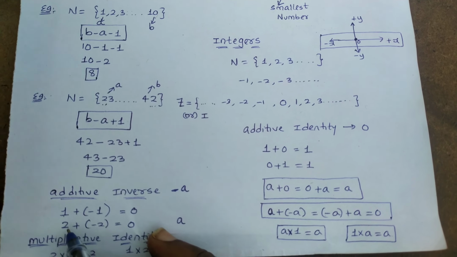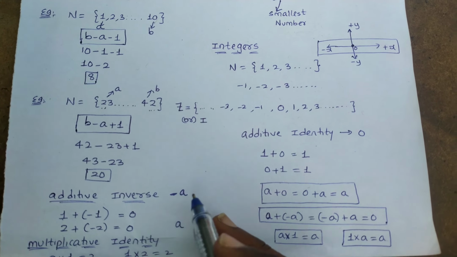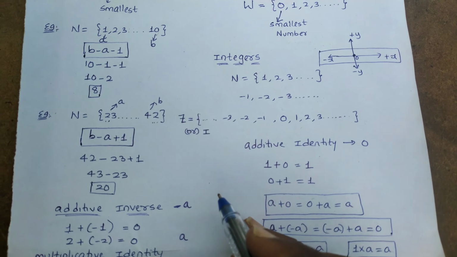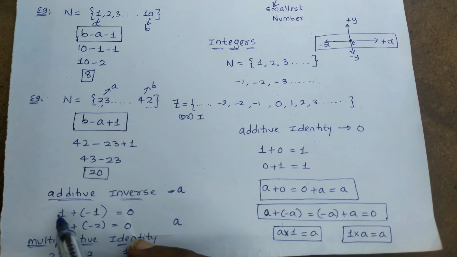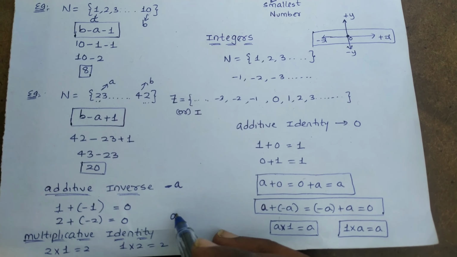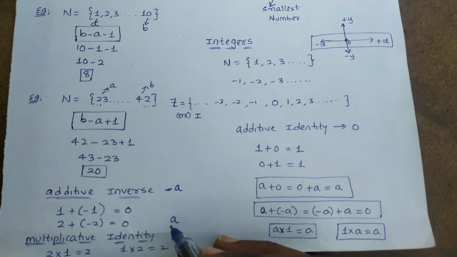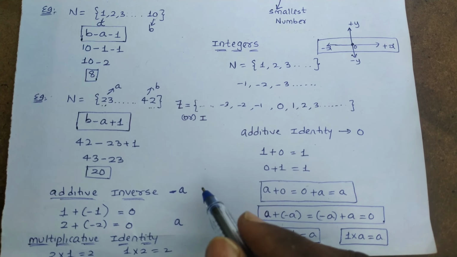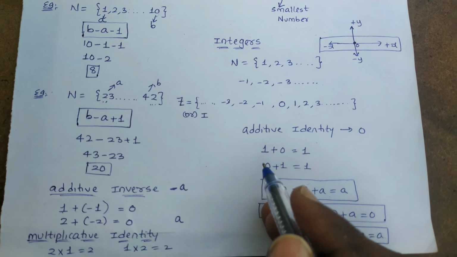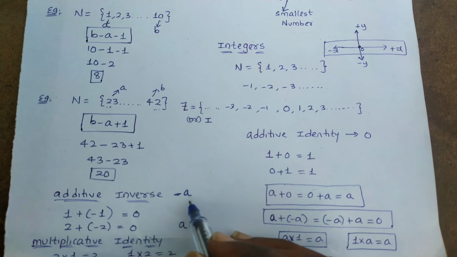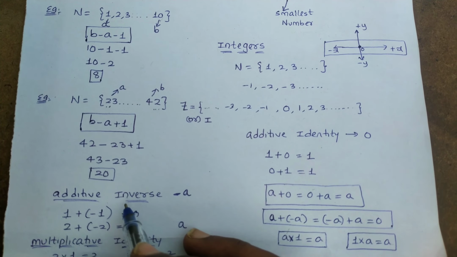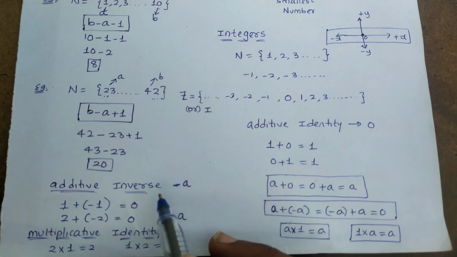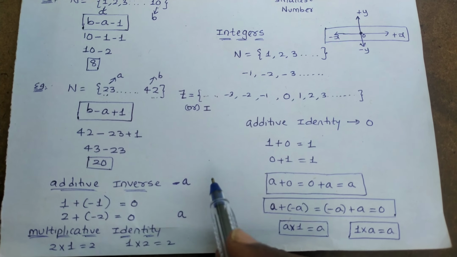In a similar manner 2 plus -2 will give you 0, or -2 plus 2 will give you 0, right? So for any integer a, if you add it to its inverse, the sum will always be 0. Clear? That's why minus a is the additive inverse of the integer a. This is the additive inverse property.